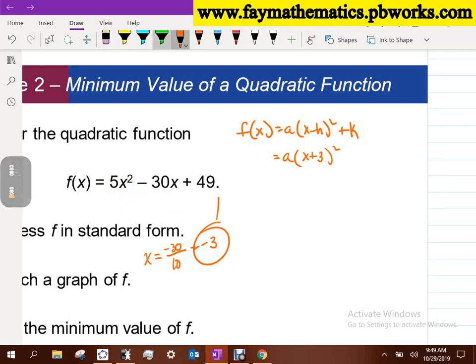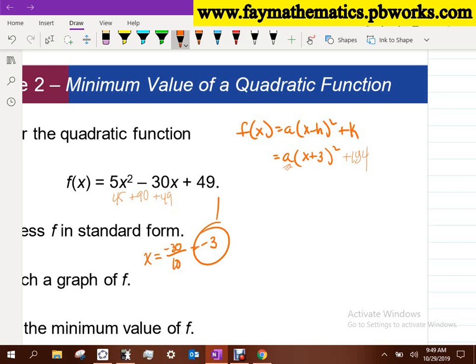Thanks, Chuck. There you go, Chuck. So this was 45, this was plus 90, and then plus 49. What's that turn into? 184.